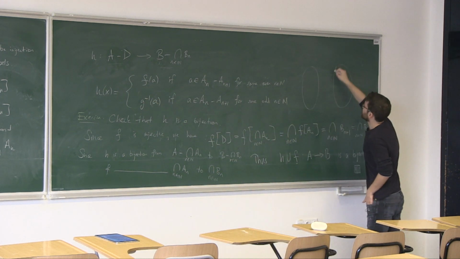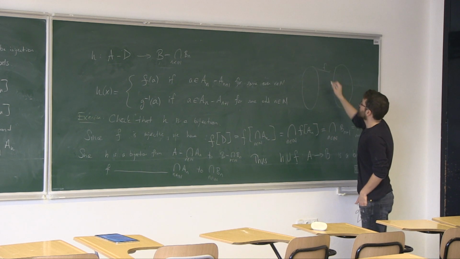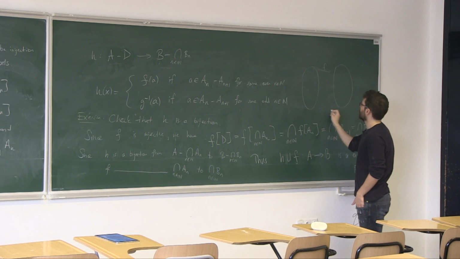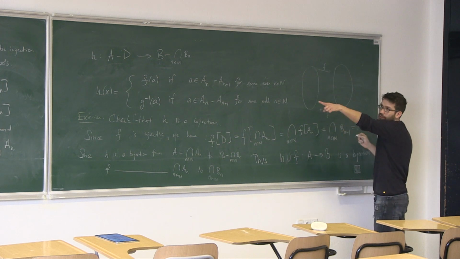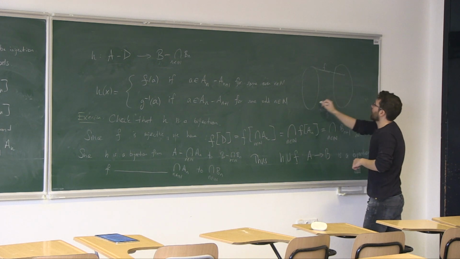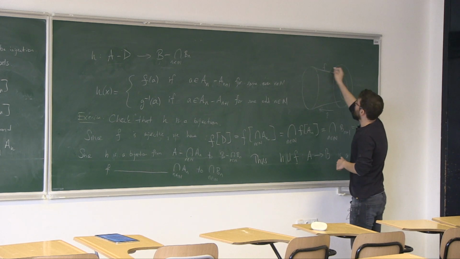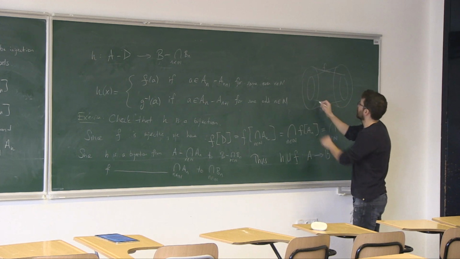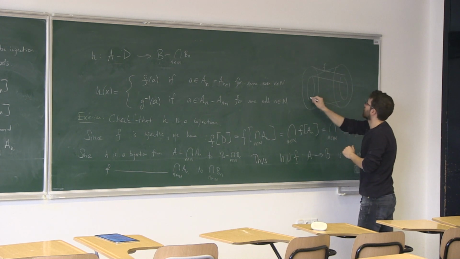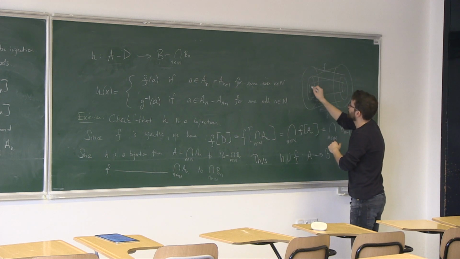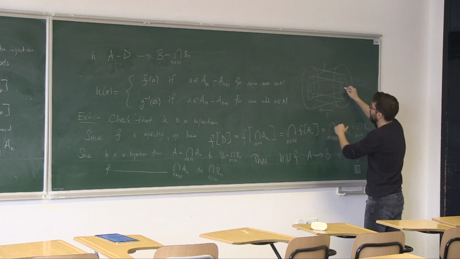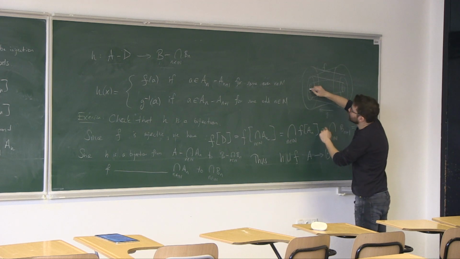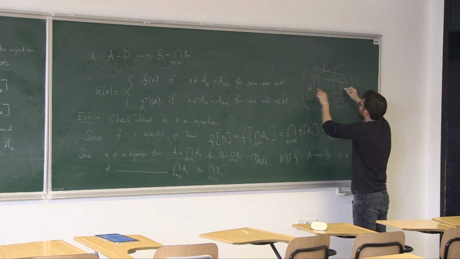Take this set, take this set. Let's say that you have an injection in this direction. You know the injection in this direction. Then you do this thing. You apply F. You apply G. You apply F. You apply G. You keep doing this. Take the intersection of these guys. These are my ANs, these are my BNs.